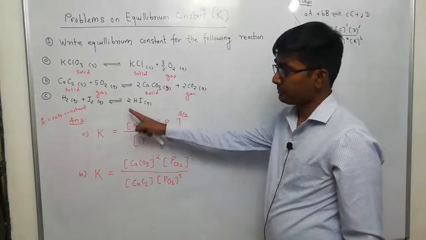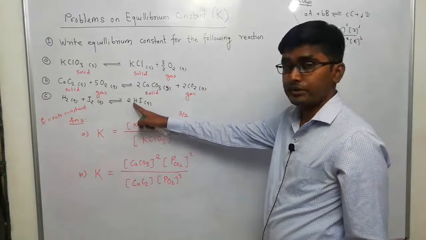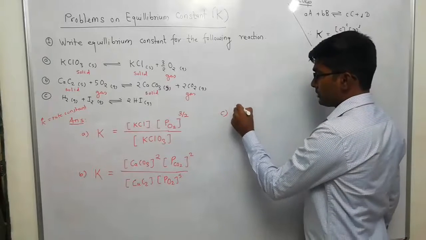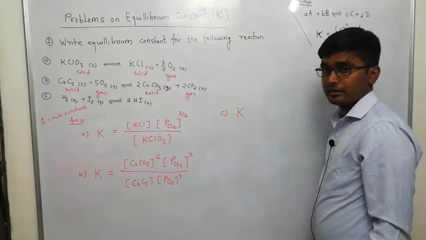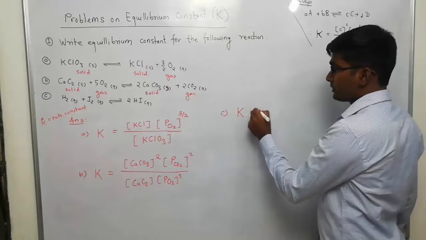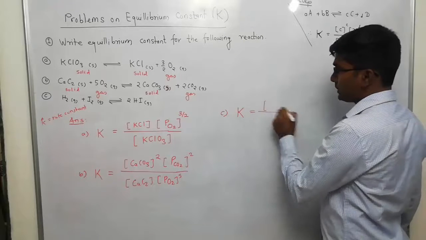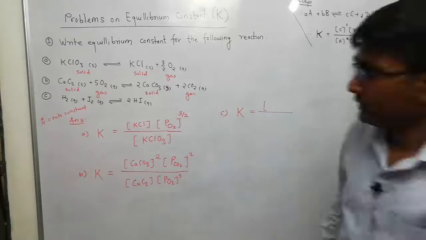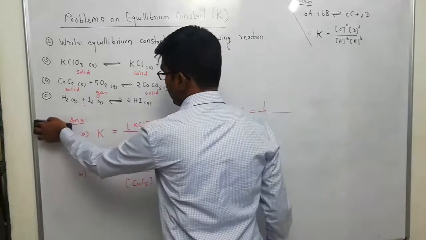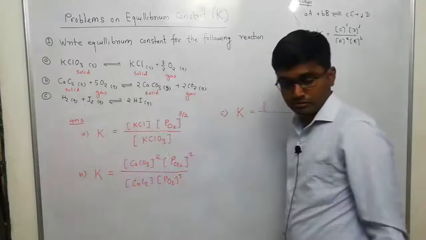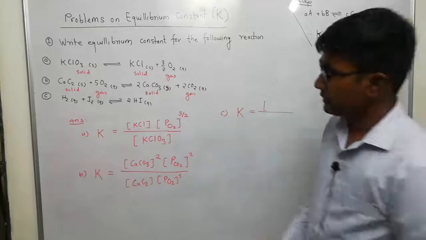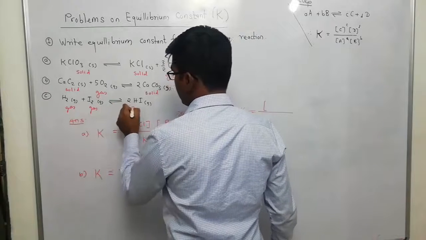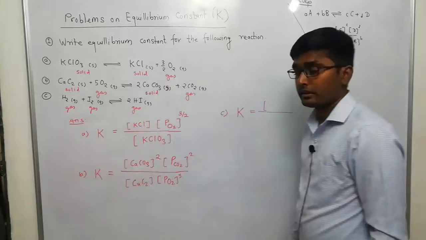Now third, the formation of hydroiodic acid. For C, the equilibrium constant capital K is equal to the concentration of products divided by the concentration of reactants. Here you observe that all the reactants and products are in the gaseous state.